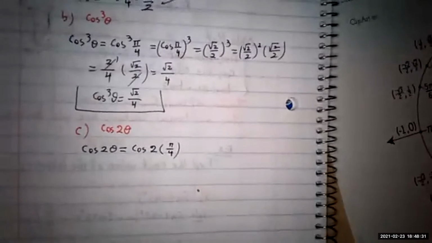You go to that table and find the cosine of pi over 2, which is 0. Remember, the first one is the cosine, the second one is the sine. Cosine of pi over 2 is 0. So the answer is 0. Any question? So the cosine of 2 theta is equal to 0.